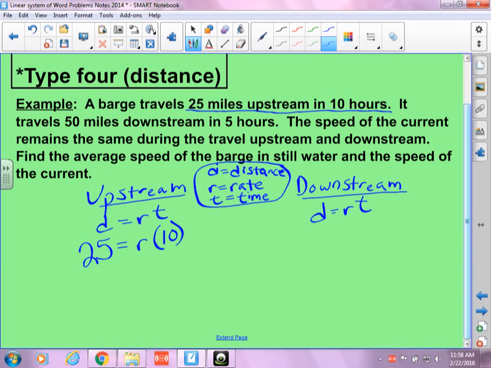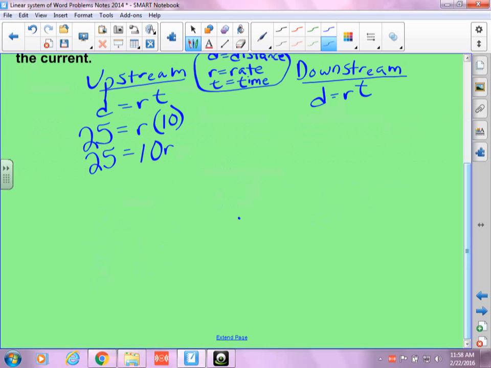How do I solve for R? Multiply 10 by R, so I get 10R, and then I divide by 10. So the rate is 2.5. And I'm going to leave it just like that, because I'm not done with the problem. I'm just using this piece.